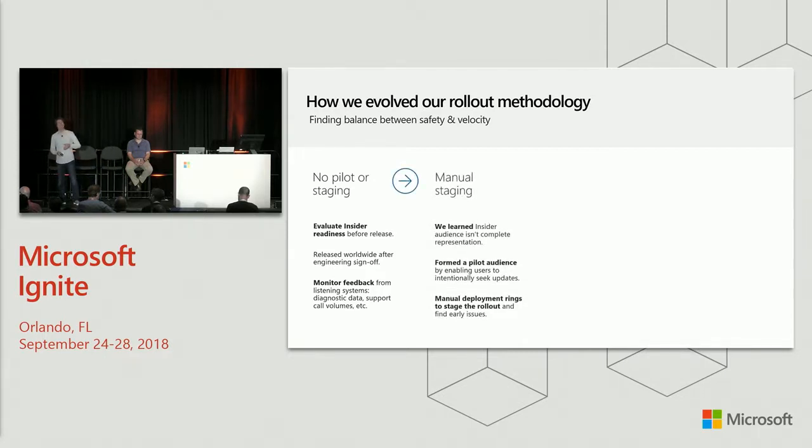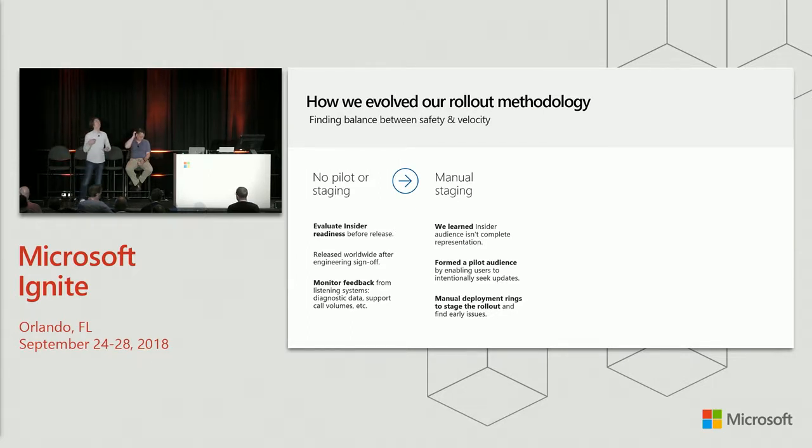But we had a key learning from that first set of rollouts, and that is the insider community, those early stage folks that are willing to raise their hand and say, I want to test this early, I want to get access to it. The diversity of hardware and software there doesn't represent the broad set of customers that we support.